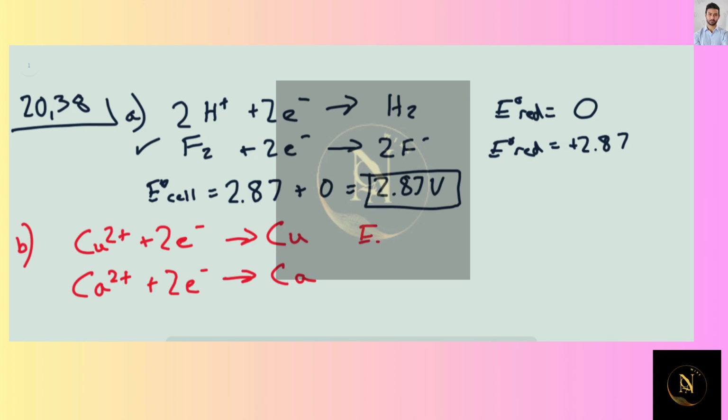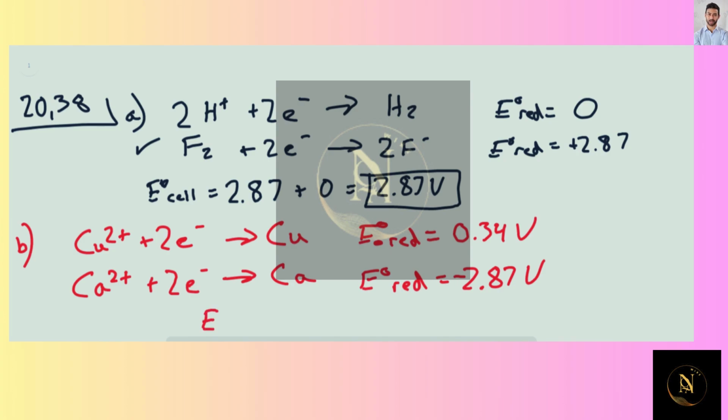And the value of the reduction for copper is 0.34 volts. And for calcium is negative 2.87 volts.